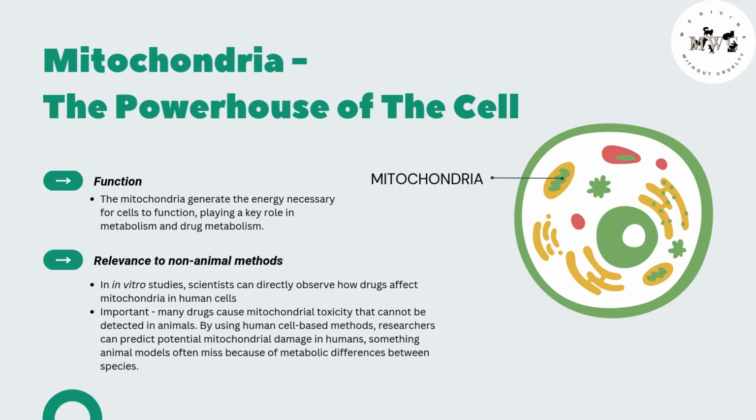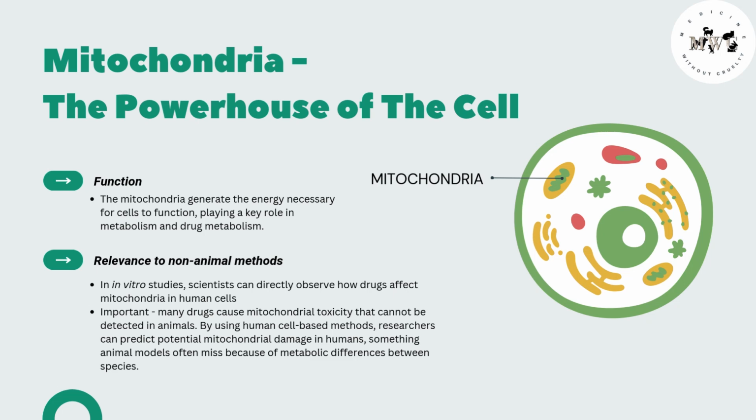Now, the biological, metabolic, and even genetic differences between animals and humans make animal models completely unreliable for detecting any sort of drug toxicity within the mitochondria. And that's why it's really important that we have human-relevant models such as cell cultures or organoids to study these effects.